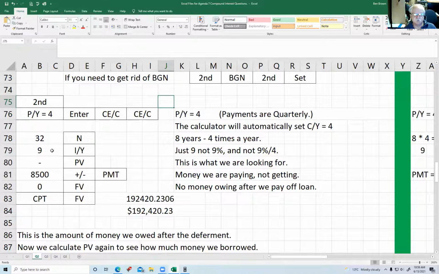We're not worried about PV. We are worried about the payment. It's 8,500. We're paying it, so it has to be negative. And once we've paid the loan off, there should be zero money owing. So then we're computing, and this should read PV.